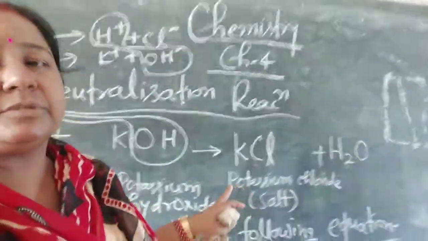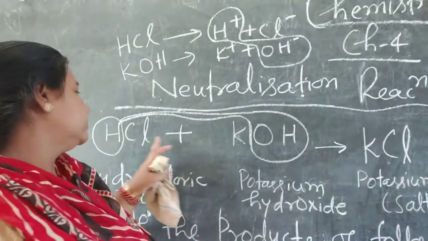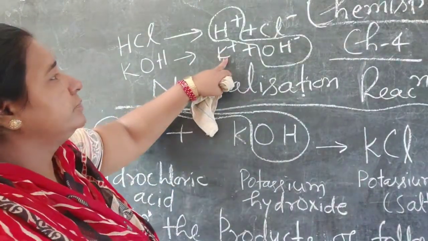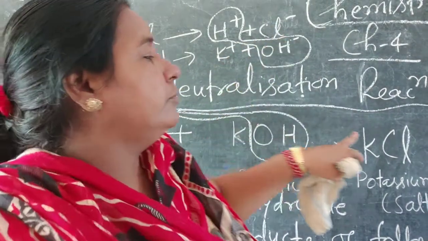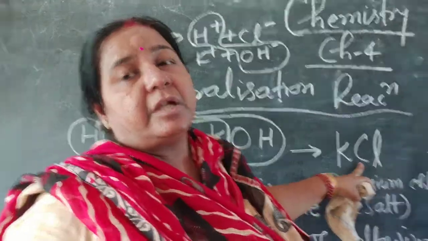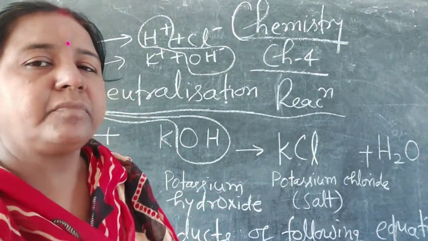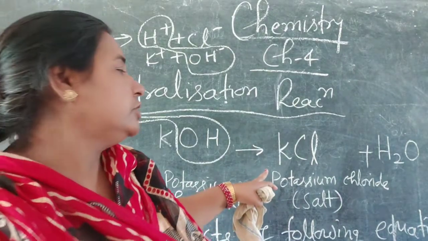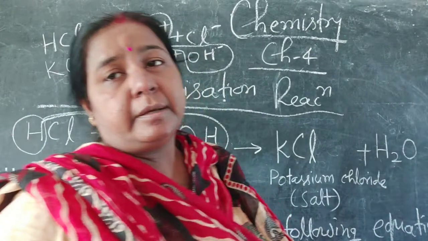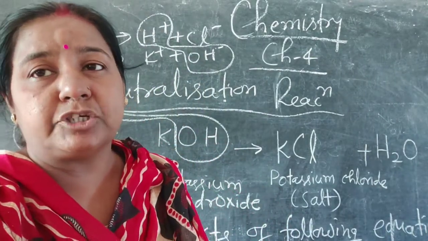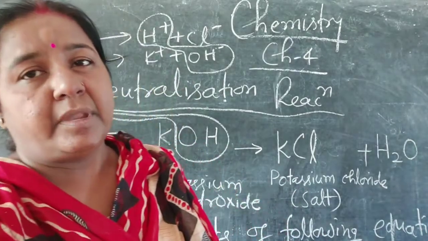Now the remaining substance, that is K, potassium ion and chloride ion, both combine to form potassium chloride. Now potassium chloride is the salt. Potassium chloride is the salt here, and this is the water, which is the result of neutralization of hydrogen ion and hydroxide ion.